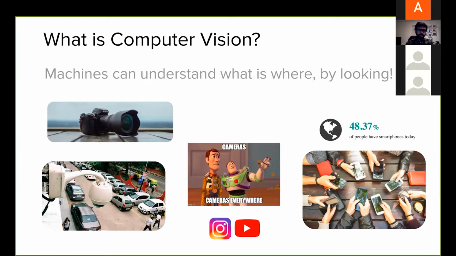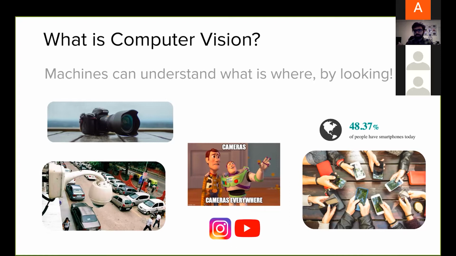So, bringing together computer vision, I want to talk about why this field is important. Of course, as I mentioned, we want to create robots and understand photos. But as humans, images are very important to us, and I'm sure we all click a lot of pictures. There's so much data around us, right? There are so many videos on YouTube, and almost 50% of the world's population has smartphones now.